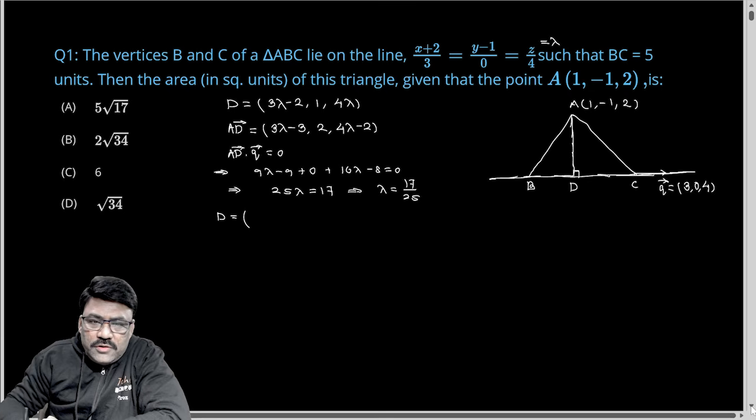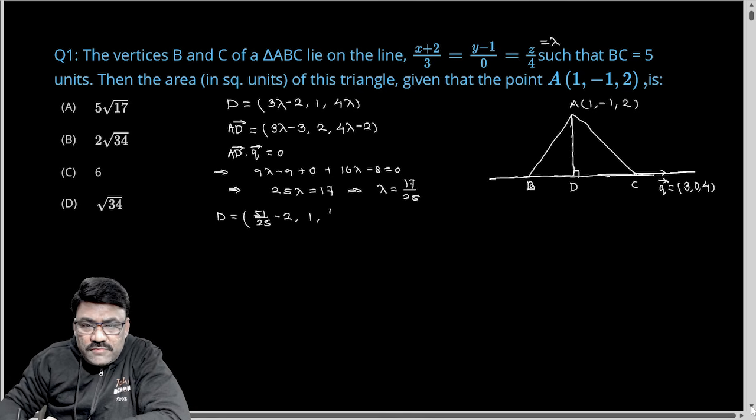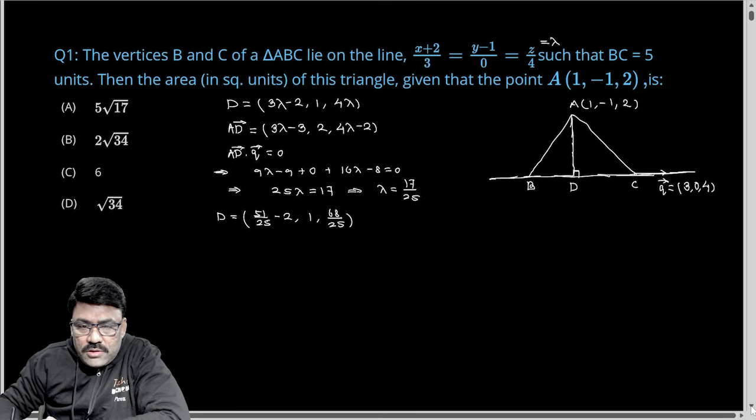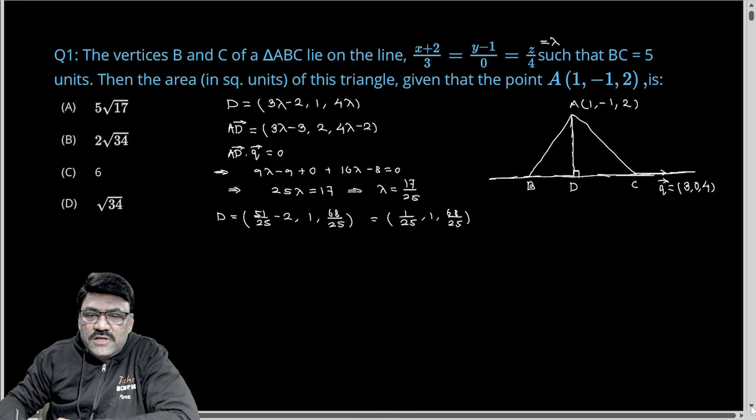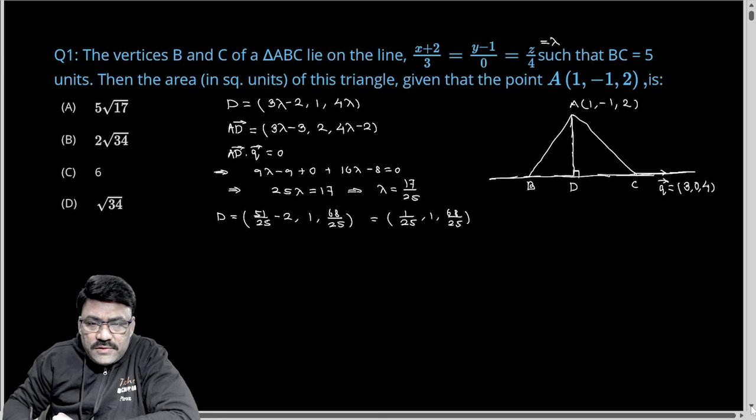D point is what? 3 lambda minus 2 means 51 by 25 minus 2, then 1, and then 4 lambda, which is 68 by 25. So now it is 1 by 25, 1 and 68 by 25. This is D point. So now you can get this AD length. Use the distance formula.